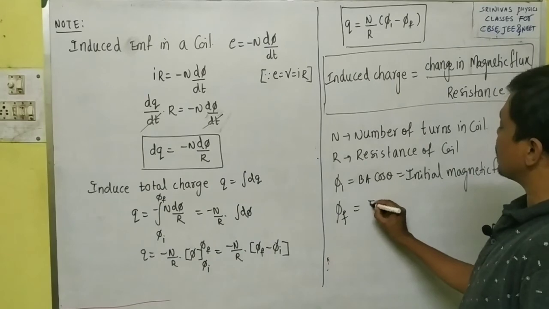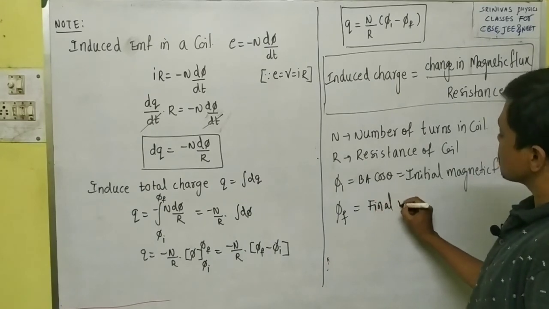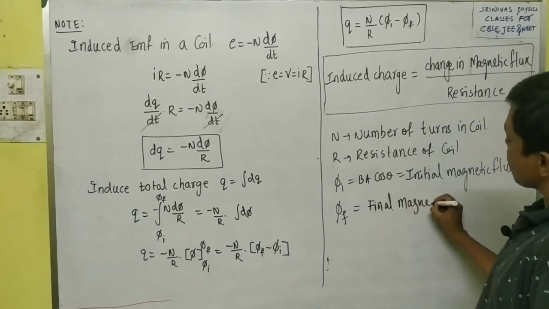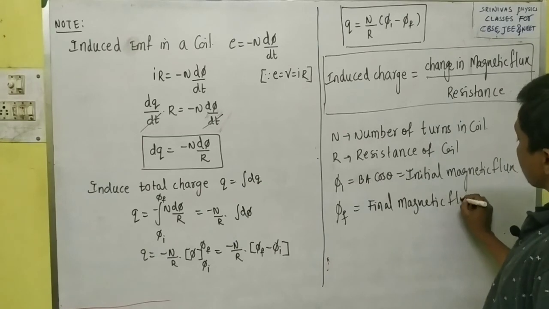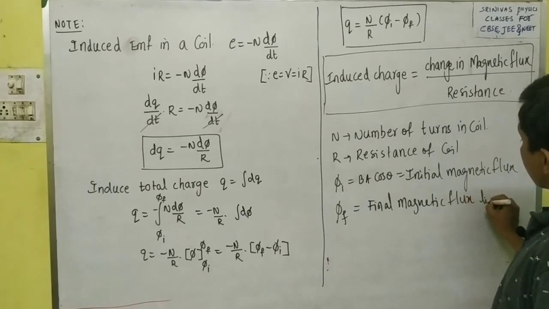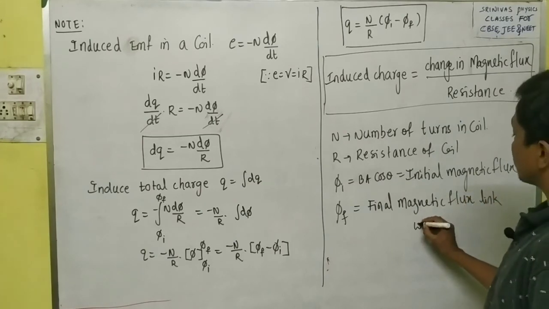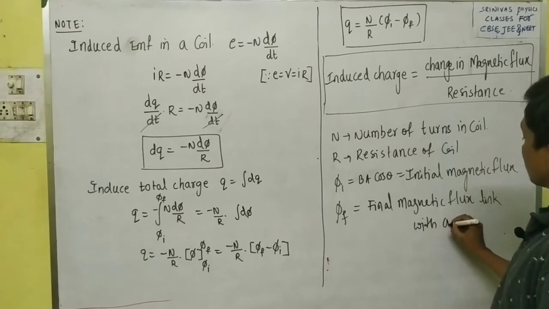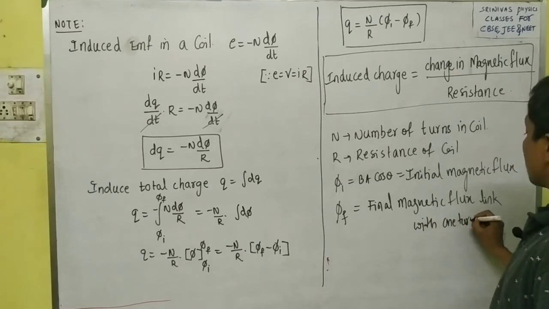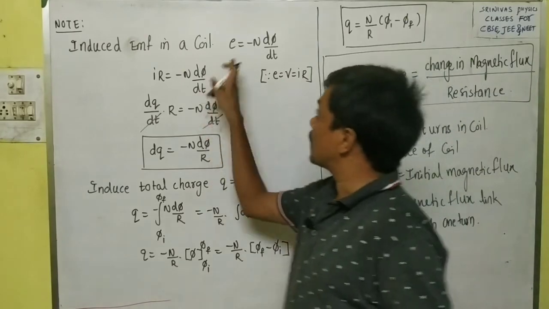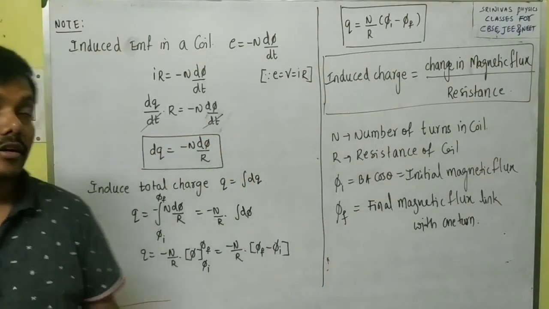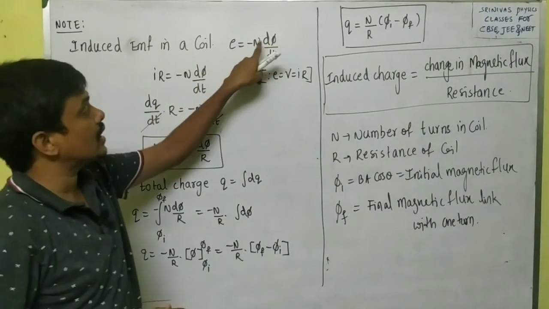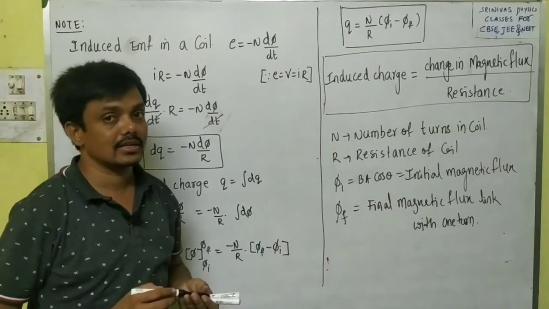Phi F is the final magnetic flux, linked with only one turn. Why one turn? Because we are already multiplying by n. Phi is the flux linked with one turn, and n phi is the flux linked with n turns.